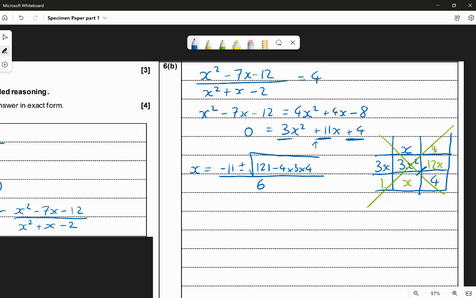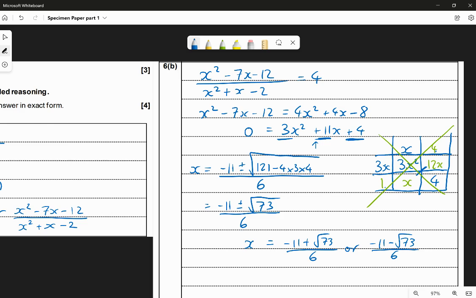And when I simplify that down, I get minus 11 plus or minus the square root of 73 over 6. So my two solutions are x is equal to minus 11 plus root 73 over 6, or minus 11 minus root 73 over 6.